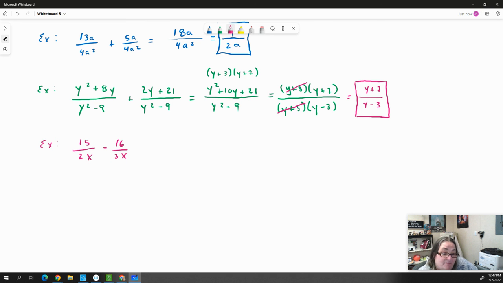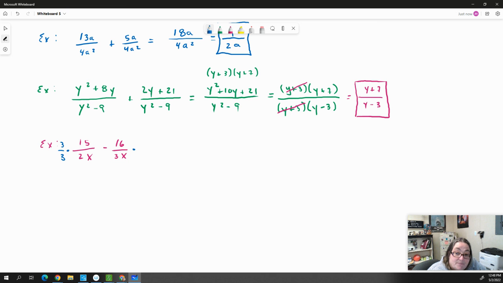So clearly we don't have common denominators here, right? 2x and 3x aren't the same. They both have x components in them though, so we don't really have to worry about that. They're both multiplied times x. This one's got a 3 that this one doesn't have, so I'm going to multiply by 3 over 3 on this side.